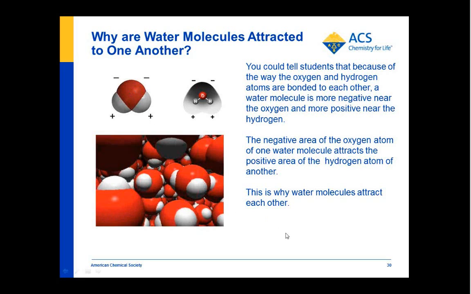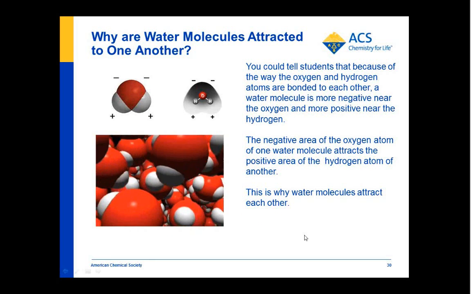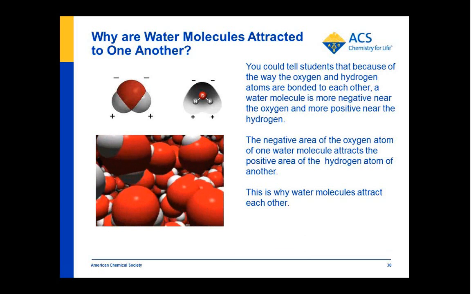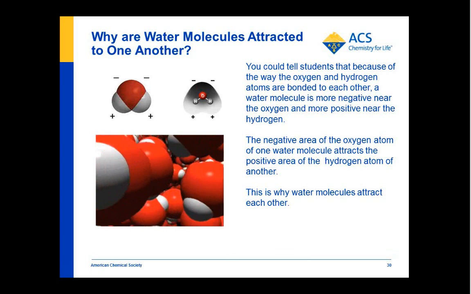We don't spend a lot of time talking about that because we cover it in detail in Chapter 5, this idea that water is a polar molecule. But at least we introduce the idea that there's a reason why they're attracted to each other, that the positive part of one is attracted to the negative part of the other, and it sort of begins to set the table for what they'll learn later.